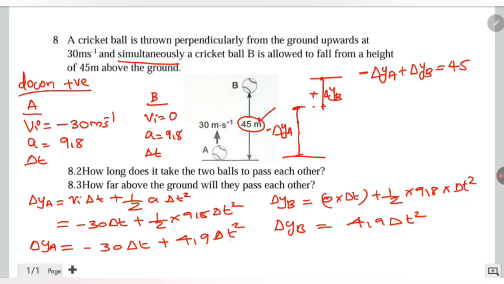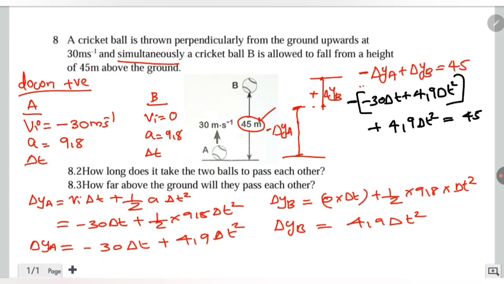Now we are going to substitute the values in this equation. Minus delta YA is minus of (minus 30 delta t plus 4.9 delta t squared), plus delta YB, which is 4.9 delta t squared, is equal to 45. Open the bracket with the negative sign: negative times negative is positive, so 30 delta t; negative times positive is negative 4.9 delta t squared.